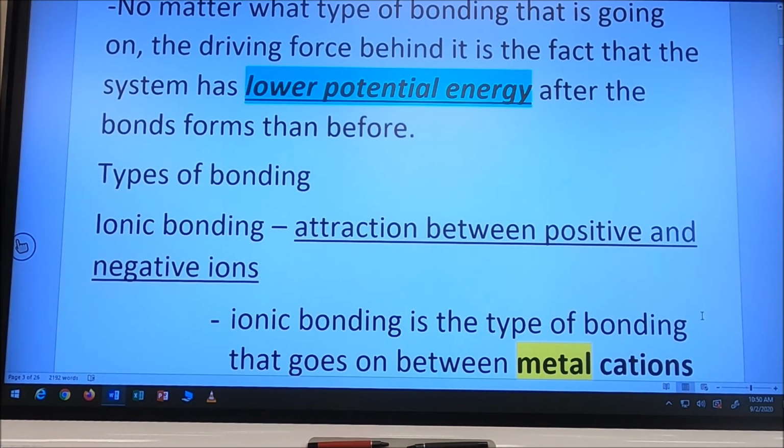No matter what type of bonding is going on, the driving force behind it is the fact that the system wants to lower the potential energy. And after bonding, the potential energy should be lower than with the unbonded elements. So, our ionic bonding, okay? The ionic bond is the attraction between positive and negative ions.